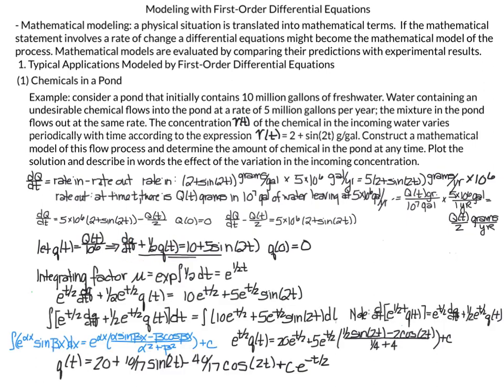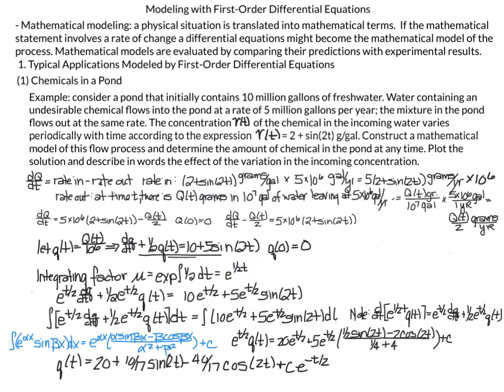And now that we've identified q, then this 1/2 must be the thing that goes in front of the y of t. So then mu is equal to e raised to the integral of 1/2 dt, which is equal to e to the 1/2 t. So we multiply our entire equation by our integrating factor.